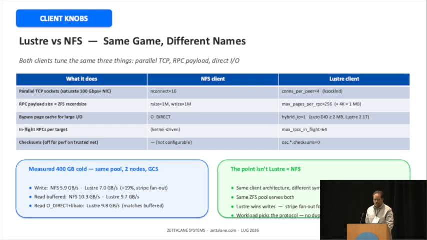And for NFS, the sweet spot is 1 MB. Similarly, for Lustre, you could achieve that same 1 MB sweet spot by a combination of a couple of those parameters. Increasing any of those, there's no substantial gain.